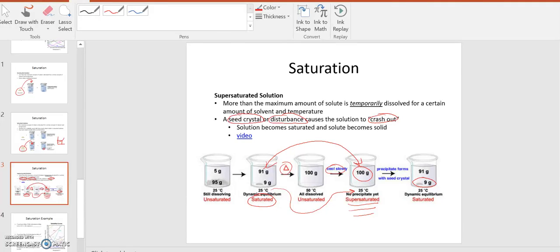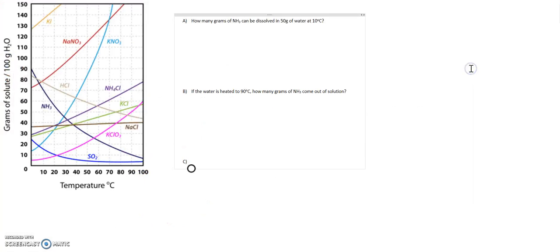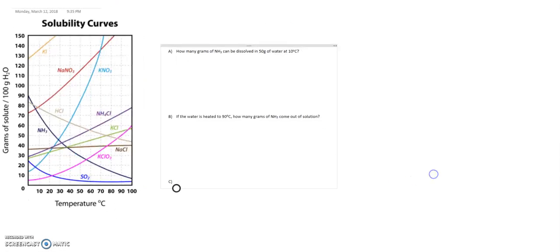Let's look at a specific example that I set up. We've got a solubility curve here, and it says: how many grams of NH3 can be dissolved in 50 grams of water at 10 degrees? So NH3, if we're looking at our solubility curve, is here.